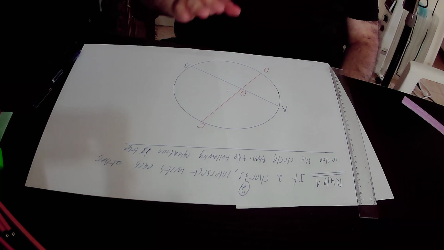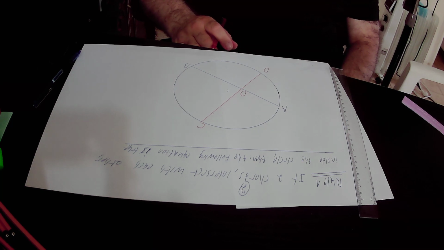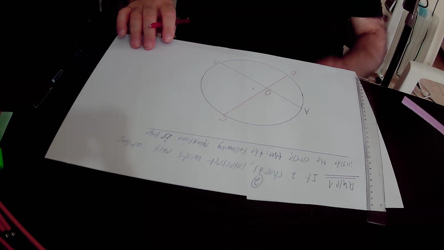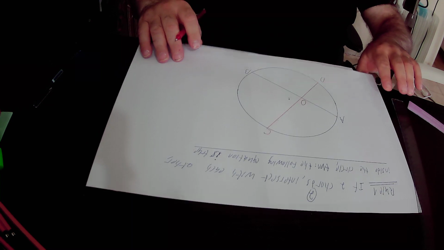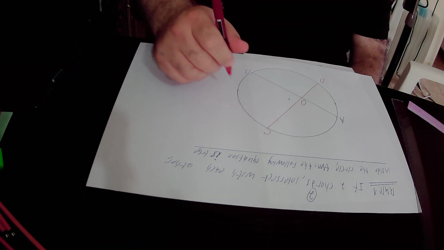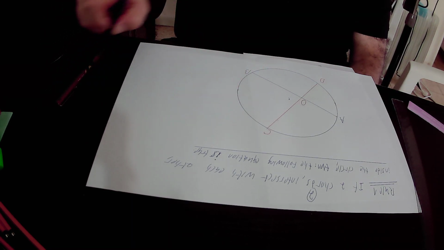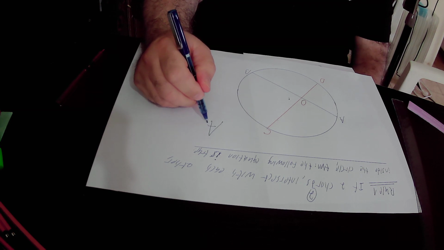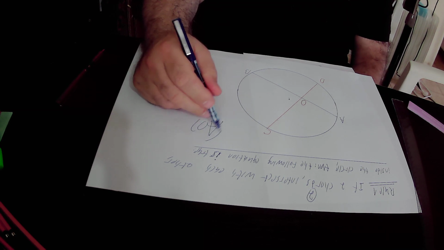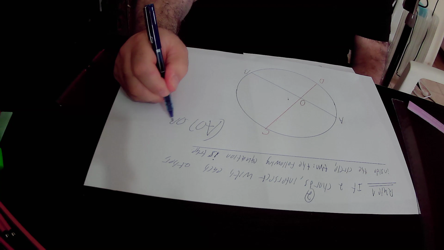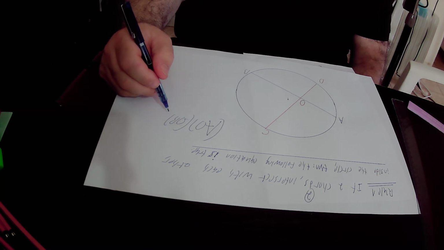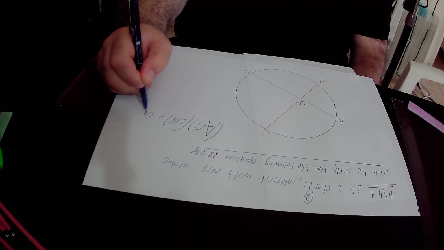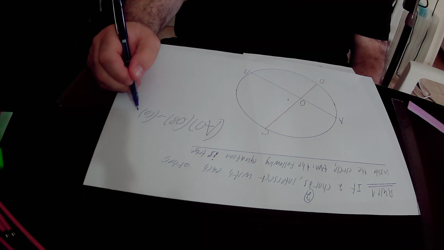So if this is the data that has been given to us, then according to rule number 1, we will get that AO times OB equals CO times OD.